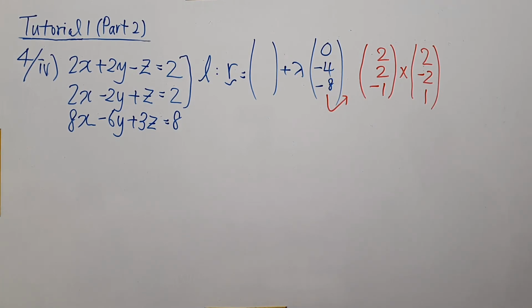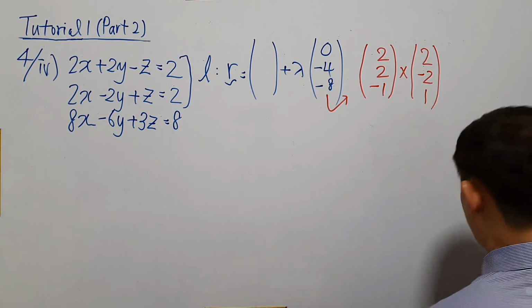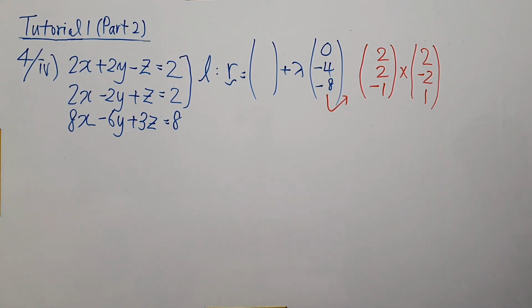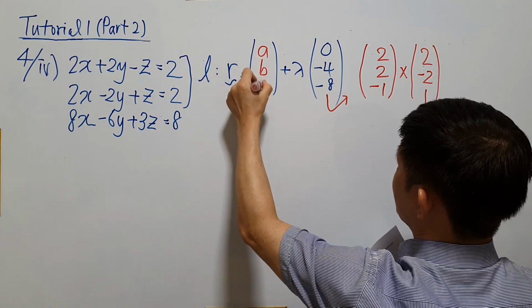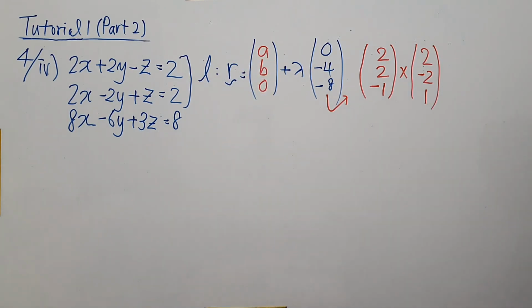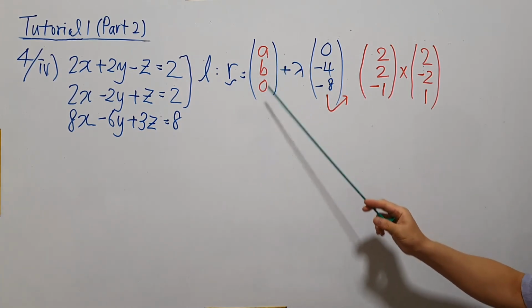Then you need the first point. How to get the first point? Like what we did just now, we can just arbitrarily think that the last component is 0. So you can imagine that this line has a point A, B, 0.